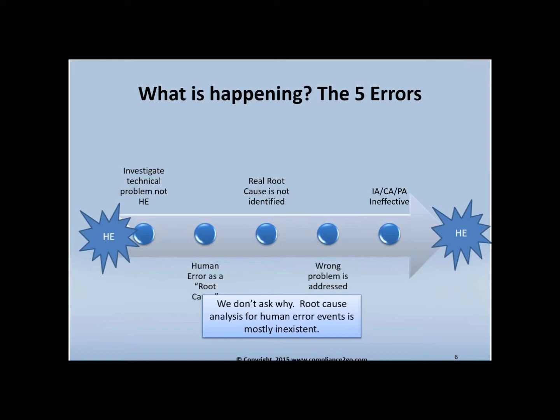Okay, so what is happening with human error investigation? These are the 5 errors of the human error investigation process. First of all, we have a human error. So we investigate the technical problem, not the human error. For example, we have a deviation where we exceeded some time or exceeded some speed.